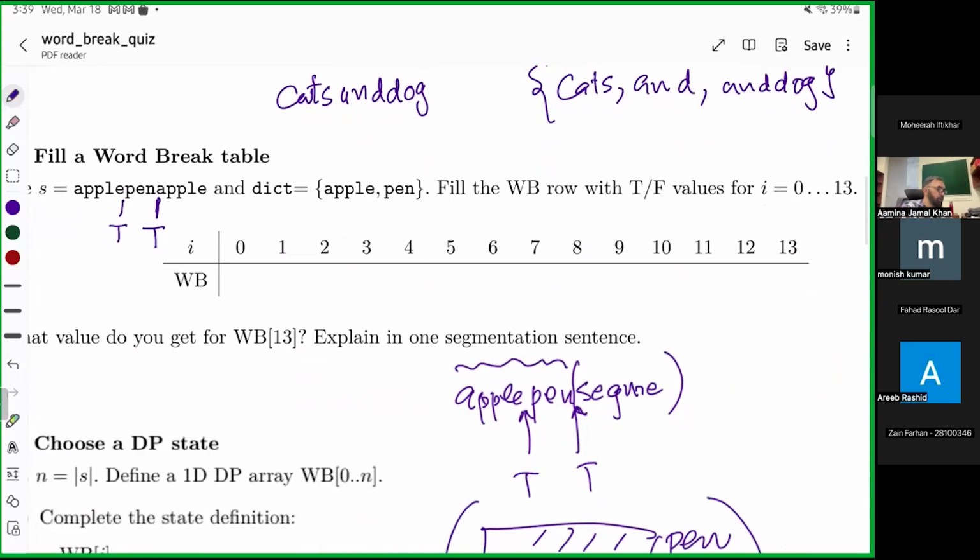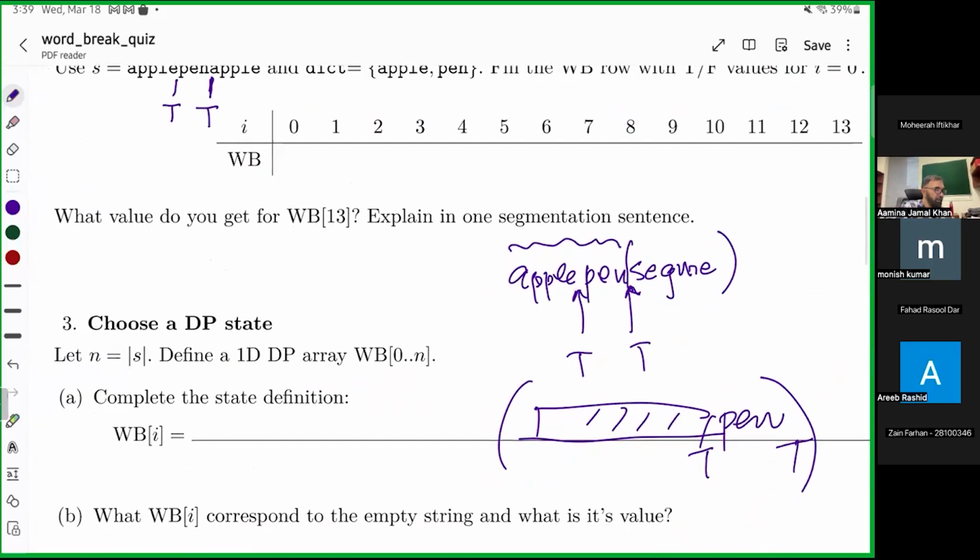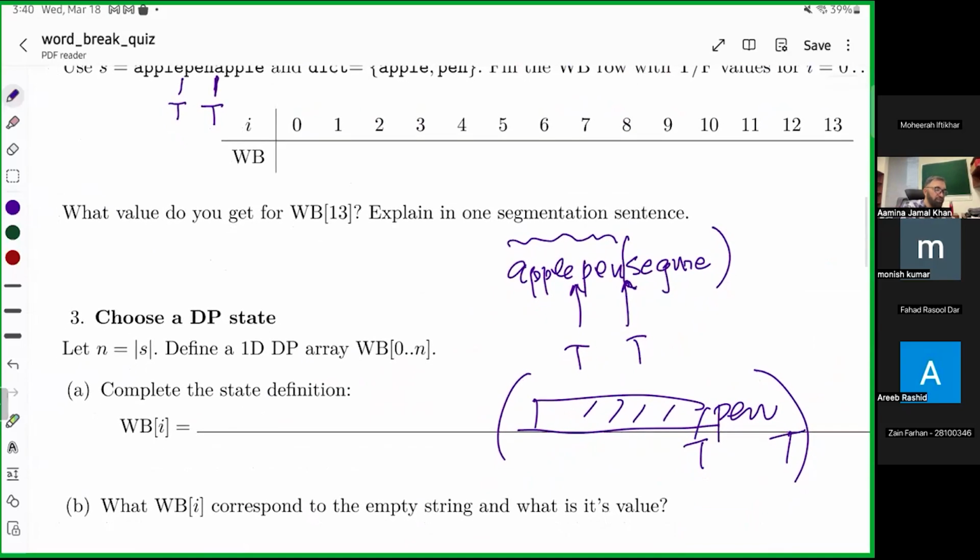So, तुम एक टेक्निकलिटी की तरफ रेफर कर रहे हो. So as such WB का जो definition है, it's going to refer to the solution to the string from 0 to index I minus 1. Does this solve your problem?